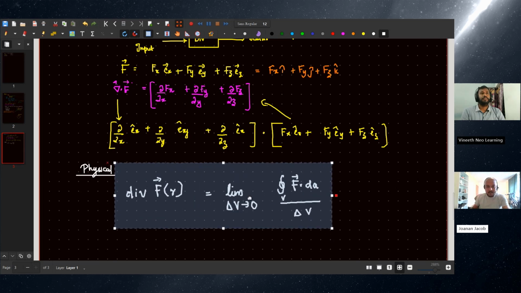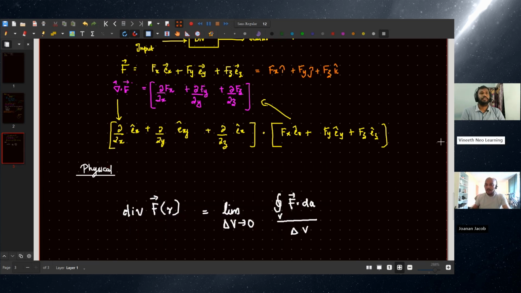Can you see? Yes, sir. This is the integral form of divergence.